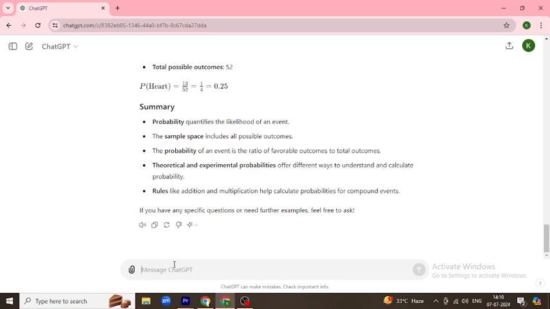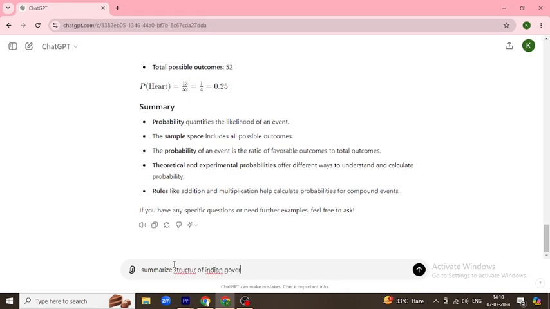Like in social science, when the course is very vast, if some chapter is left, then what you can do is ask ChatGPT to create a summary of that particular topic or chapter. So you can write, summarize the structure of Indian government.